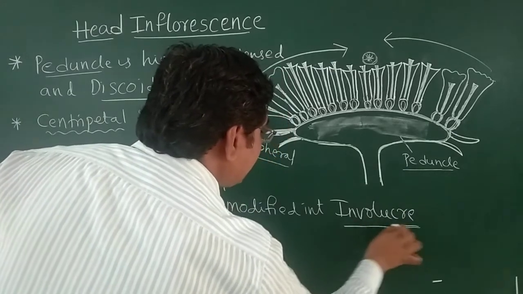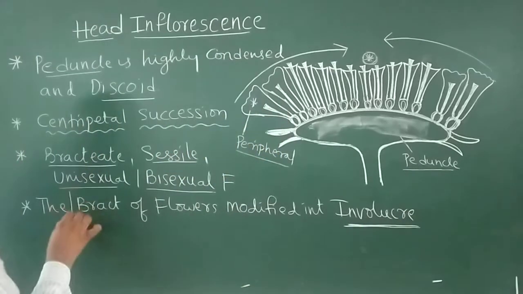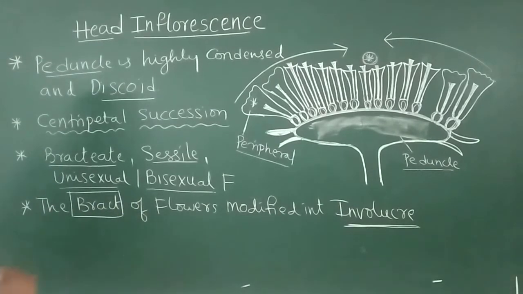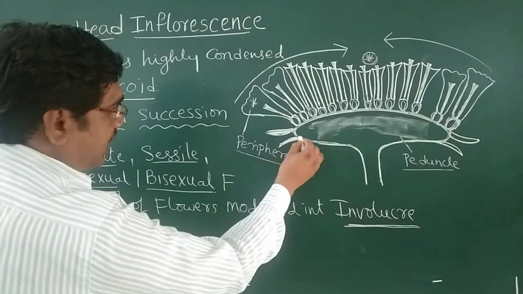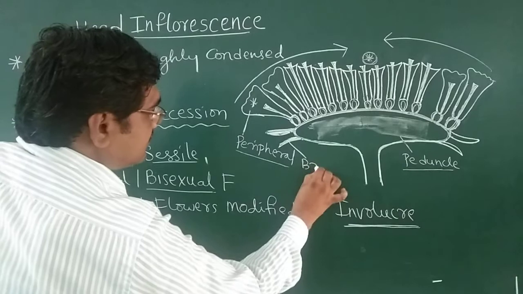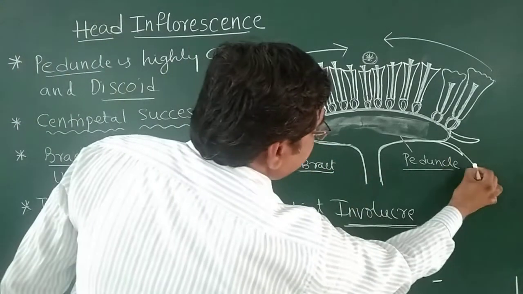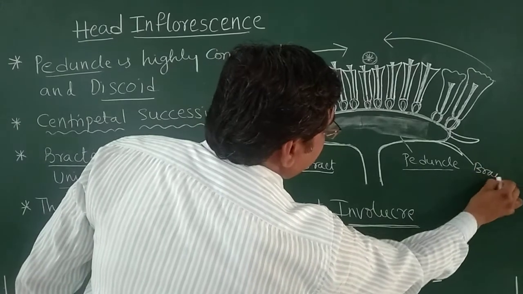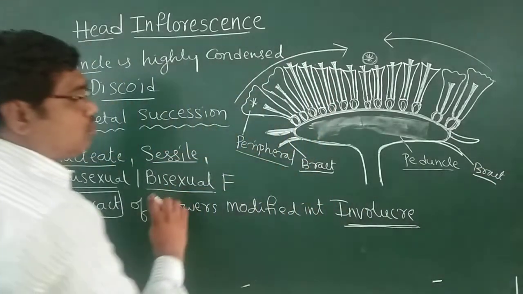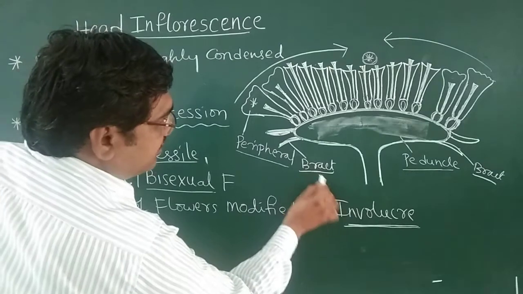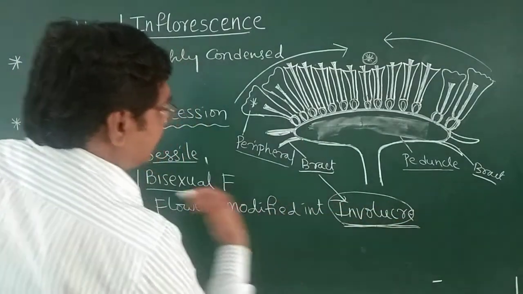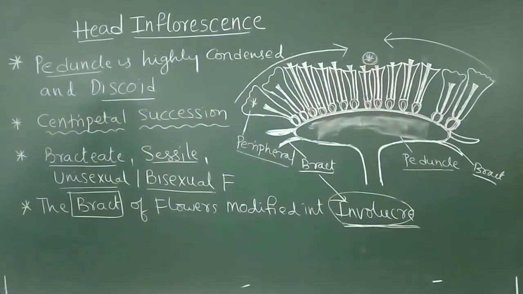The involucre is the modification of bract. So this is the bract and this is the bract. These bracts are modified into the involucre. So this is the bract of the head inflorescence.